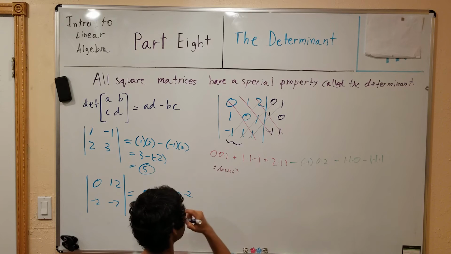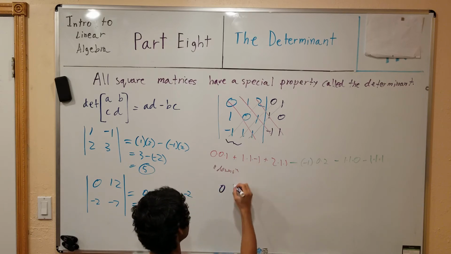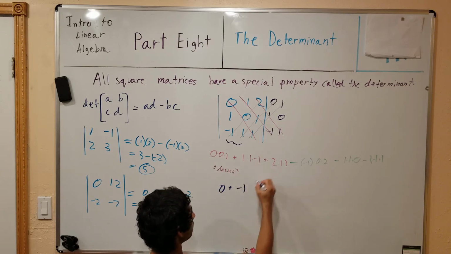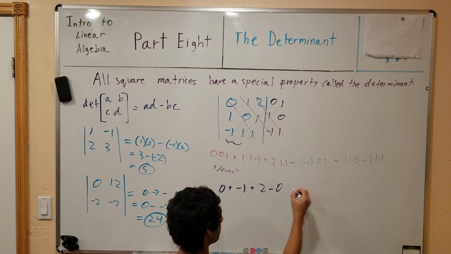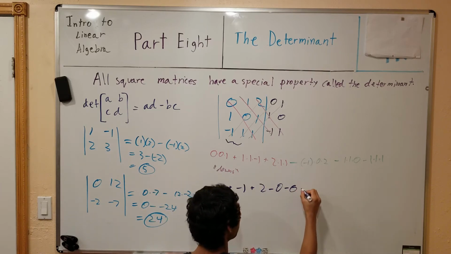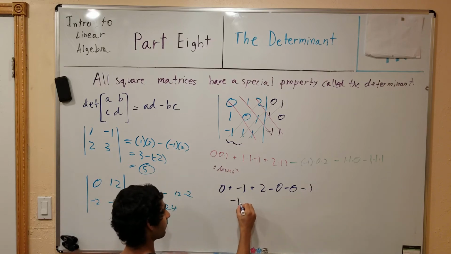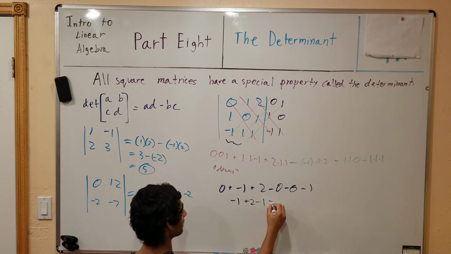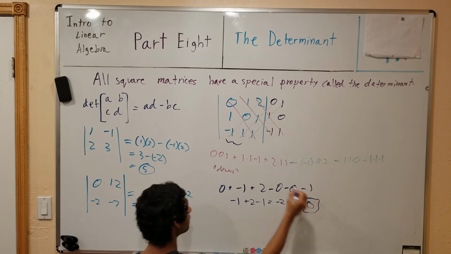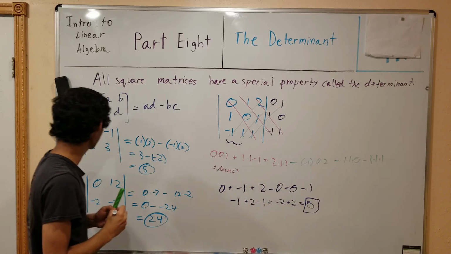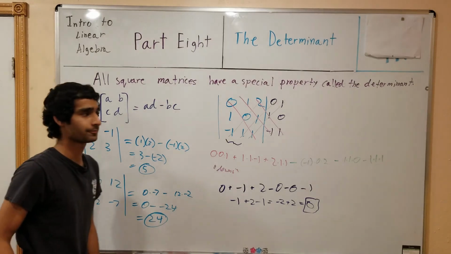Well, 0 plus negative 1 plus 2 minus 0 minus 0 minus 1. What is that? Negative 1 plus 2 minus 1 is equal to 0. So the determinant of this matrix happens to be 0, which is quite a nice answer.